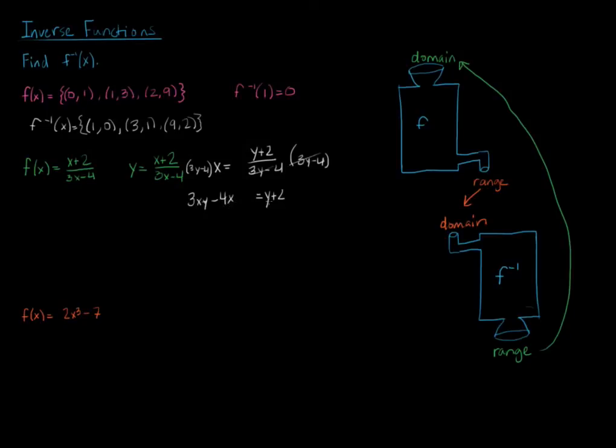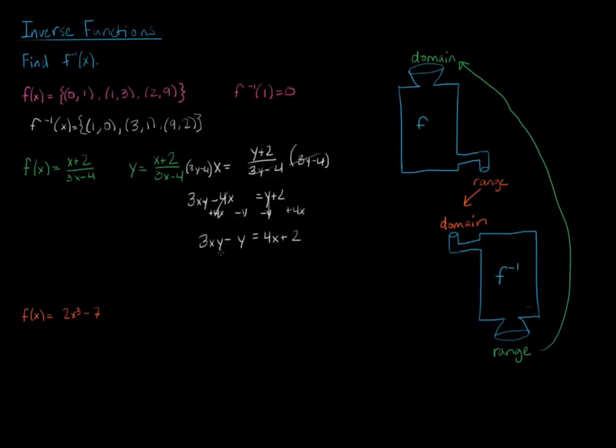Now to get y by itself, we need to get all the y stuff on one side and the x stuff on the other side. So I'm going to move this y over, and I'm going to move the 4x over. So we have 3xy minus y equals 4x plus 2.